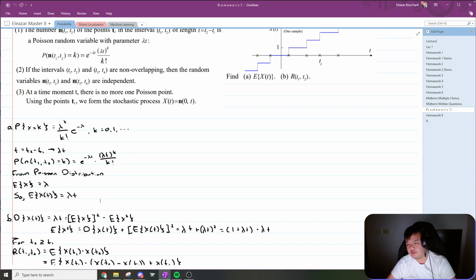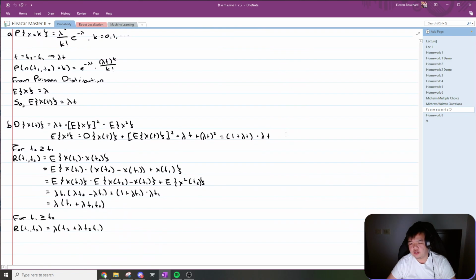For B, we want to find R(t1, t2). So before we try anything, we could just get this down where we have the expected value of X_t. We established that was lambda t, and that equals this value here.